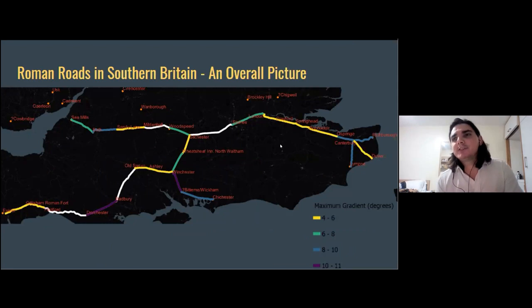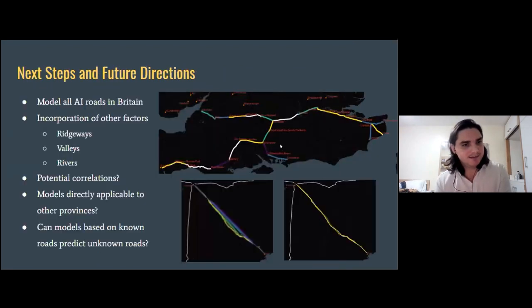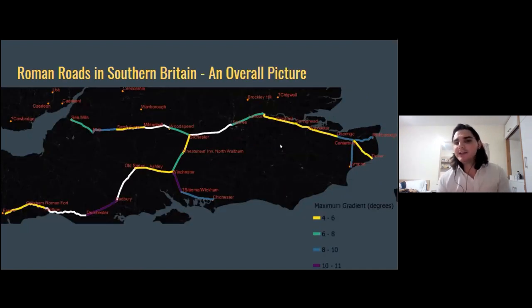Yes. So there is a Stanford project that does similar things to this, where they calculate how long, for example, it takes to travel a known road. But one of the things they don't do is incorporate slope or gradient, and obviously moving up a steep gradient takes longer than flat land.